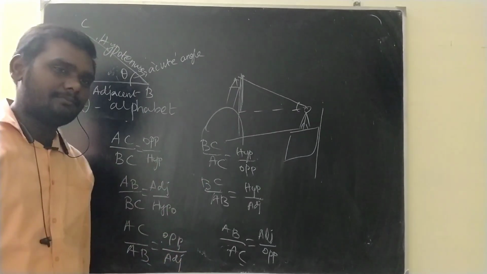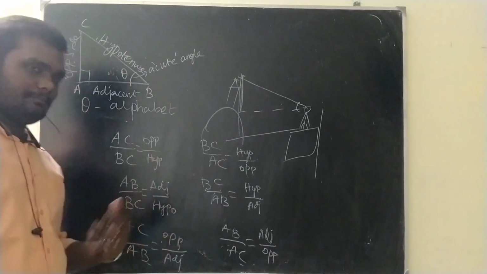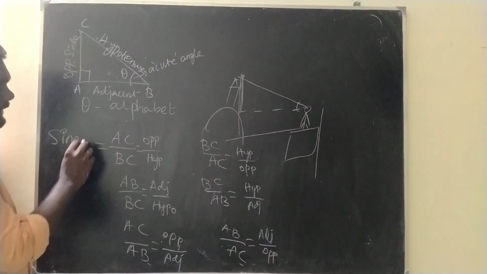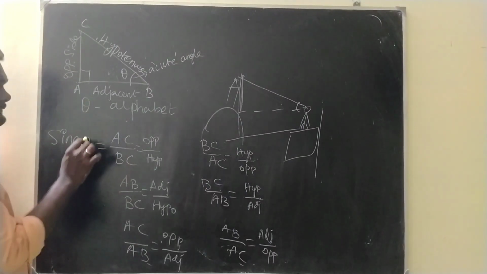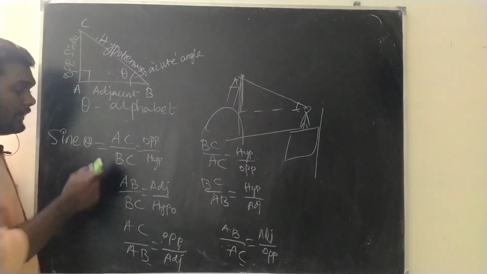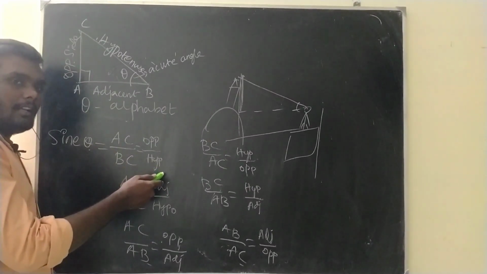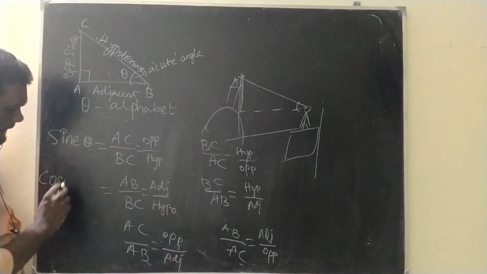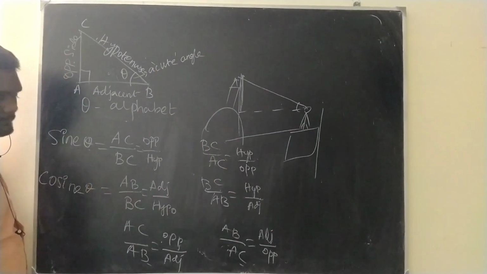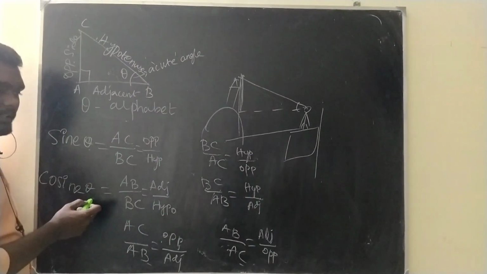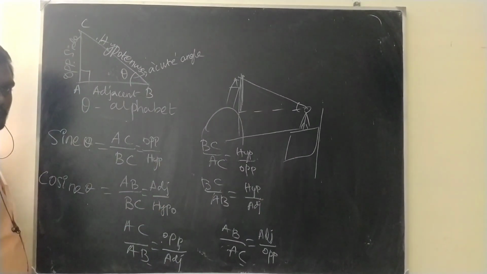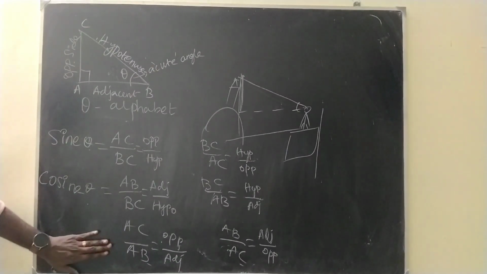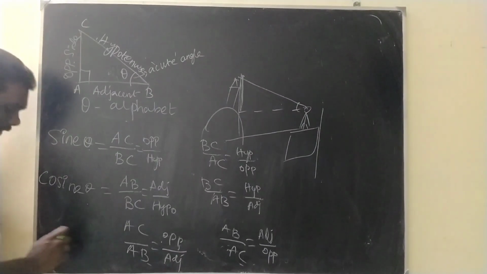Every time we can't use these. So we should give them a name. Sin theta. Why theta? It is opposite to theta and hypotenuse. And this is called cosine theta, adjacent to theta. Then this one is tangent theta.